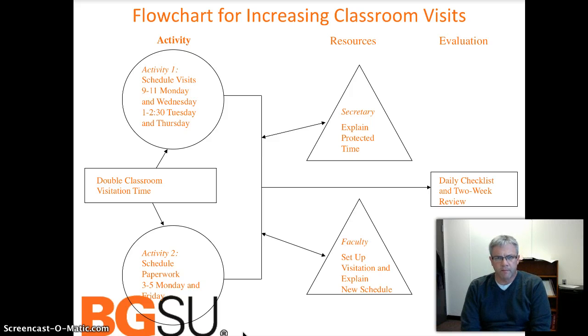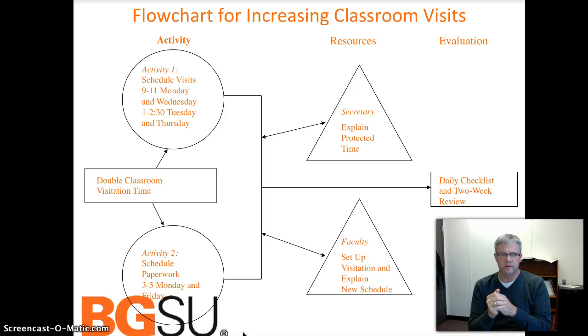Glickman also talks about the importance of engaging in various activities, and one of those activities could be looking at increasing classroom visits and using a flow chart to understand what the activities that you're trying to do are, what resources are going to be required, and then how you're going to know whether you accomplished this kind of goal, right?